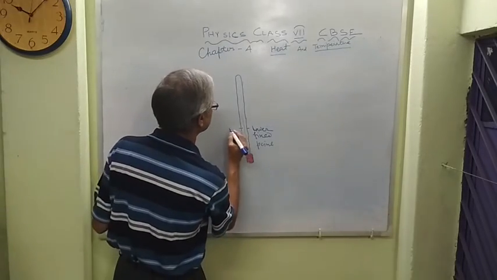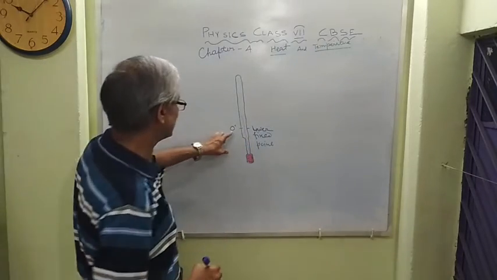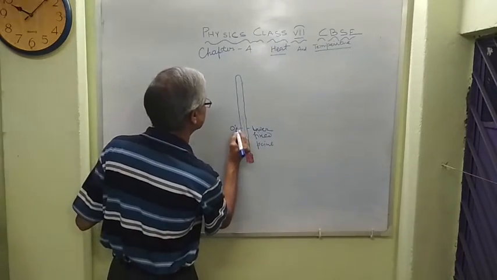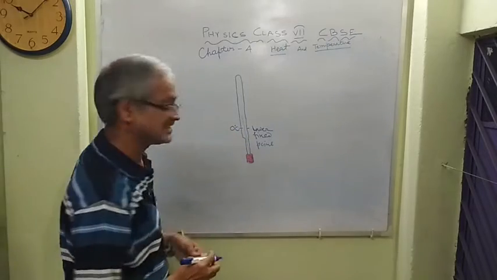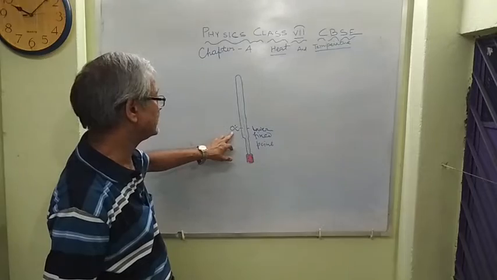This is taken as 0 degree Celsius. So the lower fixed point is 0 degree Celsius.